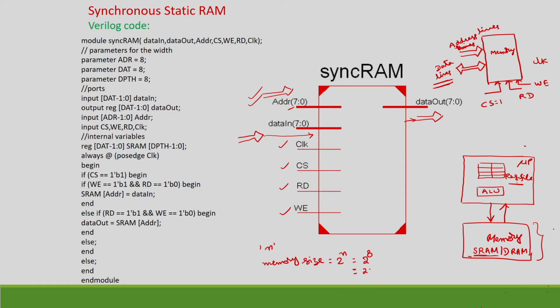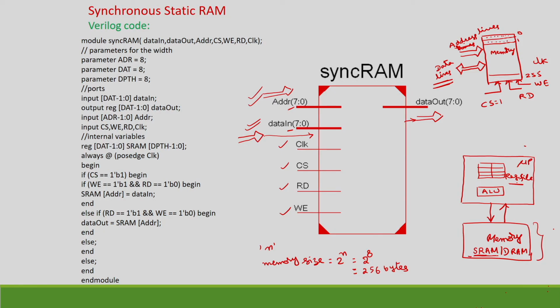This is, I think, 256 bytes. That means this memory will have 256 different locations: 0, 1, 2, and so on up to the last one, 255. The data line decides the number of bits in each location, because this is also 8 bits. So, each location is capable of storing 8 bits of information.